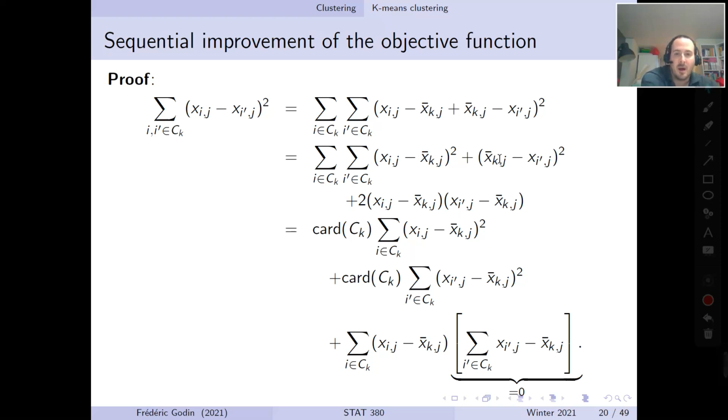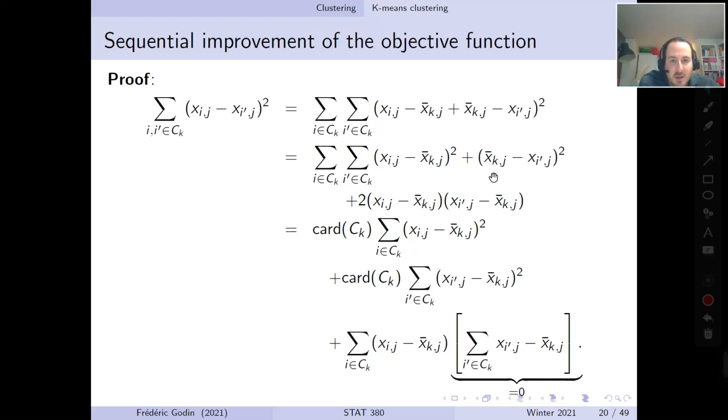And here what we see is that the first term doesn't depend on i prime. There's no i prime here. So because of that, when we sum across all i prime, this is constant with respect to i prime. So this summation is simply the number of terms, which is the cardinality of CK, times this. So it's cardinality of CK times the summation across all i's of this square difference.